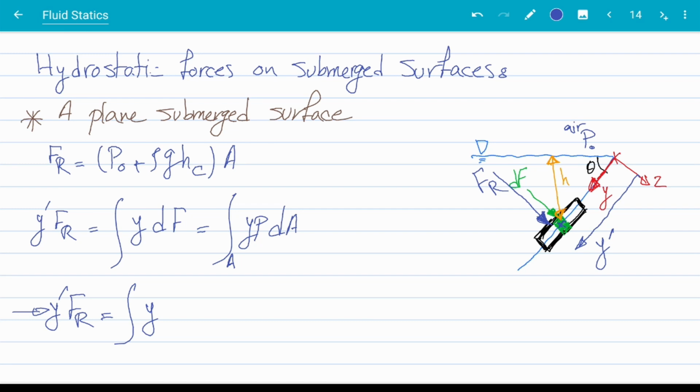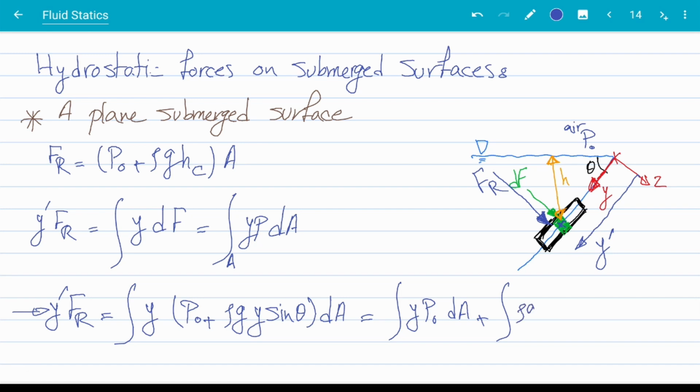So it's y times P0 plus rho g y sine theta dA. Playing with this equation gives me integral of y P0 dA plus integral rho g y squared sine theta dA.